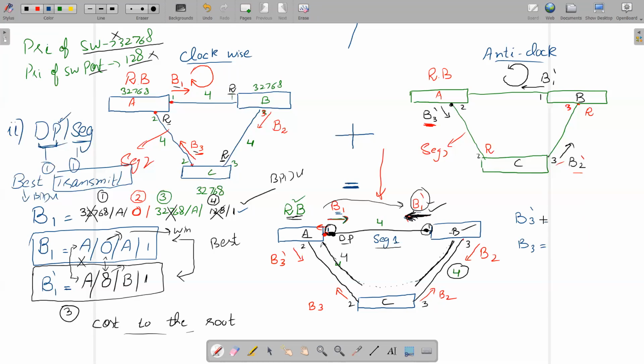You need to write these two BPDUs and send it to me on the chat box. And you have to write it this way: B3 dash and then its BPDU, and B3 and then its BPDU. You need to write both of the BPDUs at once. Okay, so I'm just waiting for all the participants to write the BPDUs, B3 and B3 dash. Okay, let's start.